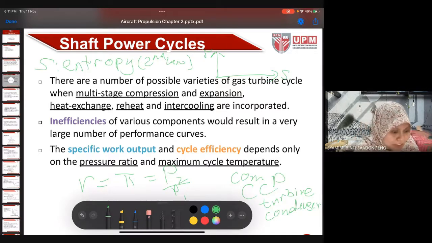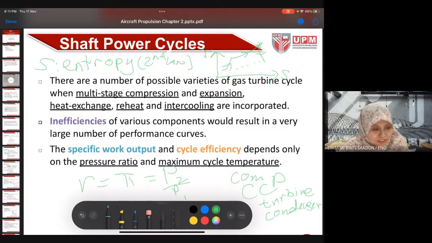The basic cycle of a gas turbine engine on the TS diagram is something like this. We have compression, the combustion chamber, and expansion for an open cycle. The maximum cycle temperature is at this point, before expansion.